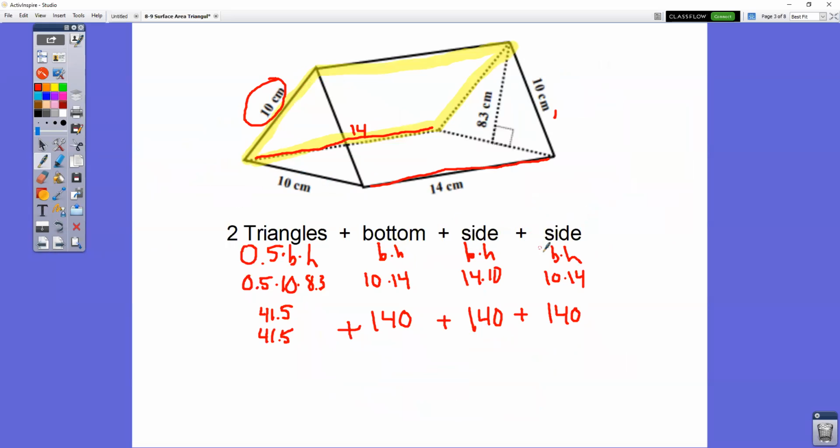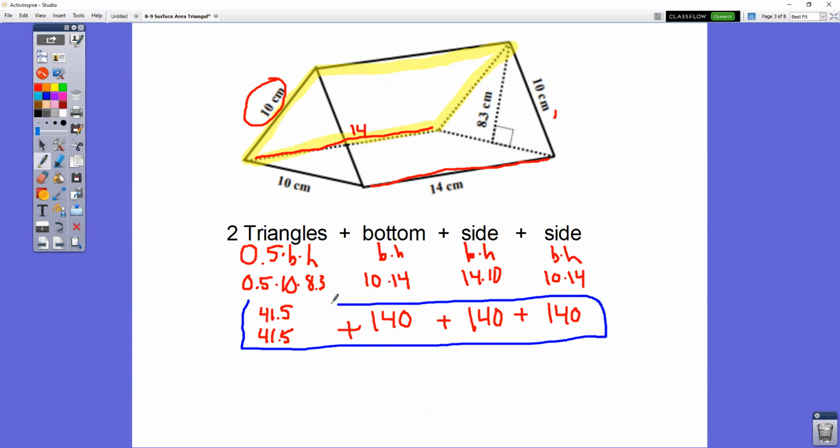That's why you need to find each bottom, side, and side individually because sometimes they are the same, sometimes they are different. So now you want to take and add together all five of your answers. When you add together all five of those, 41.5 plus 41.5 plus 140 plus 140 plus 140, you get 503 as your total surface area.